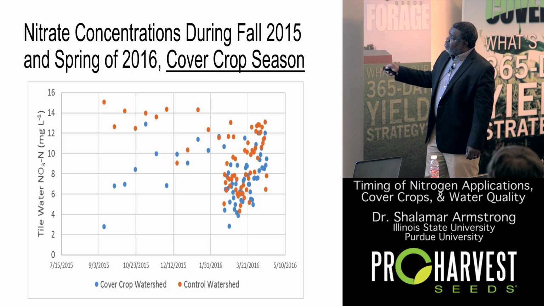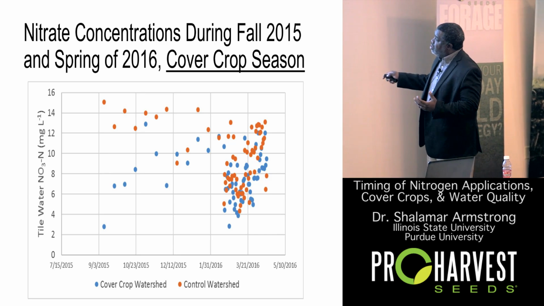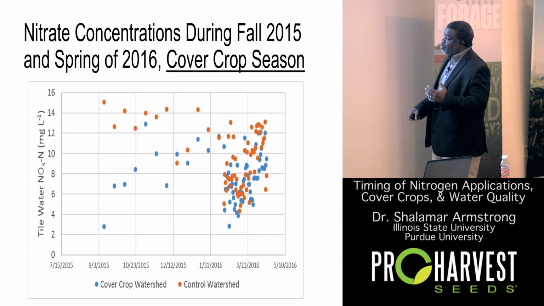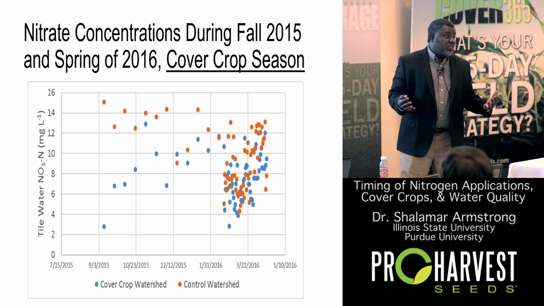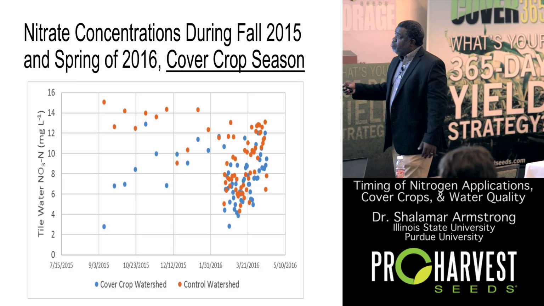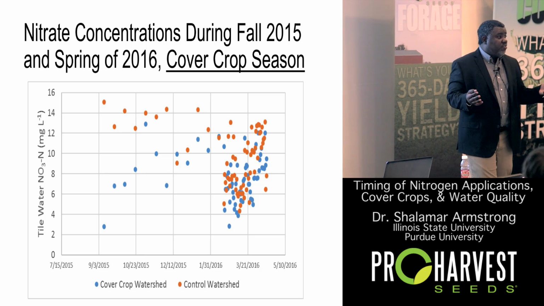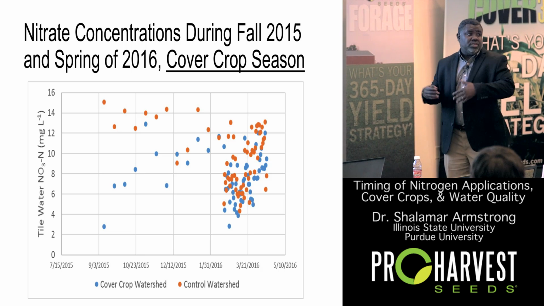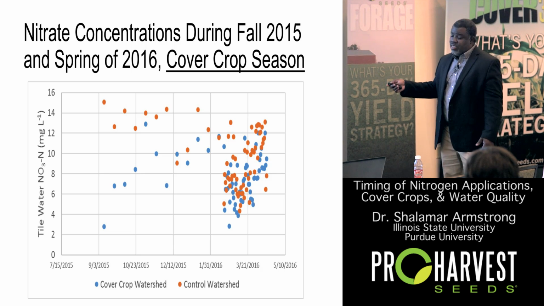Then it warmed up to a point where the cover crops didn't really have an effect, because there was so much more nitrogen being released, as we've seen from the soil organic matter that's getting into the tile. It basically buffered the cover crop effect, okay? Because we only cover crop 50% of the watershed. So 50% of the land area, which didn't have cover crops, was still contributing to this point of discharge.